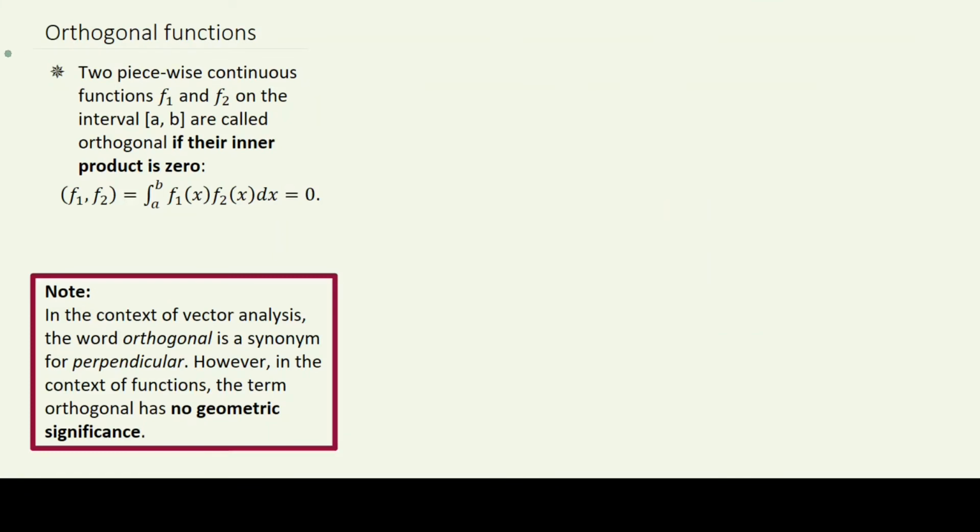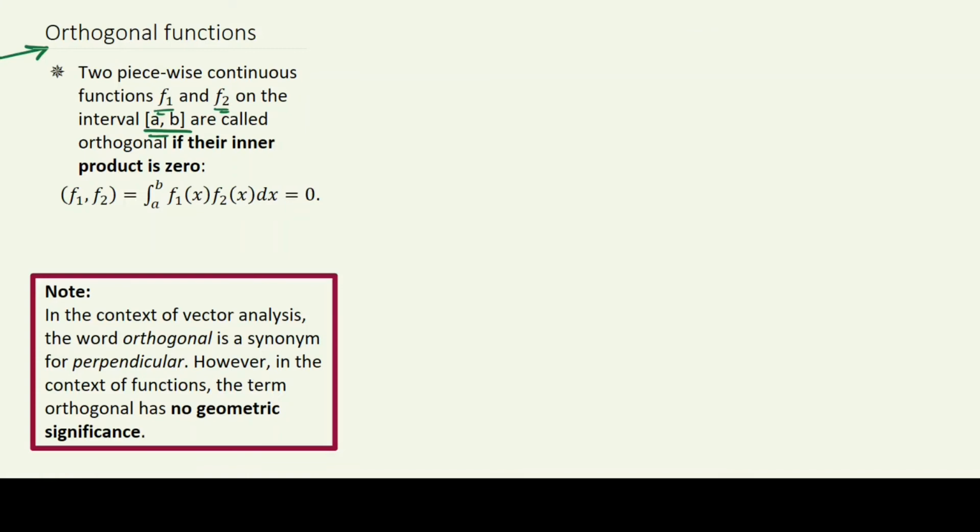Now we get to this new concept of orthogonal functions. By definition, two piecewise continuous functions f1 and f2 on the interval a to b are called orthogonal if their inner product is 0.